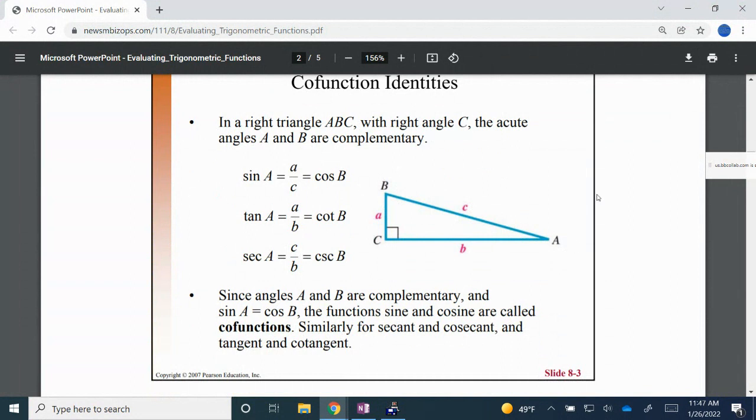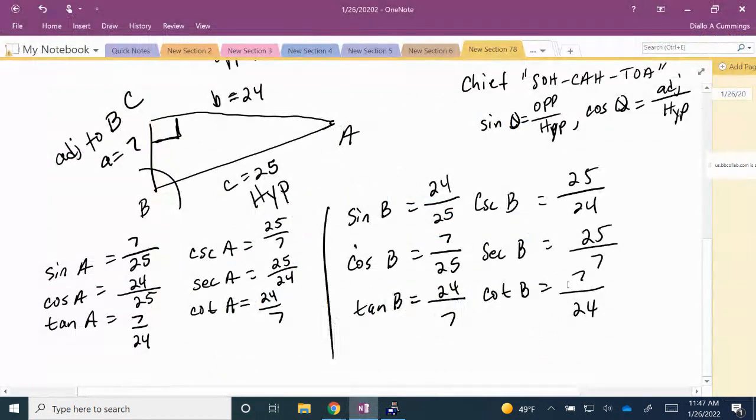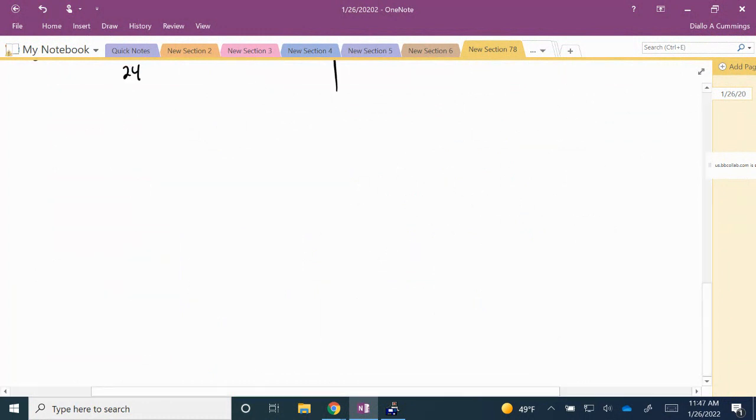Now, there are certain facts about a right triangle, and I'm going to go back to OneNote for just a second. So these are right triangle facts.